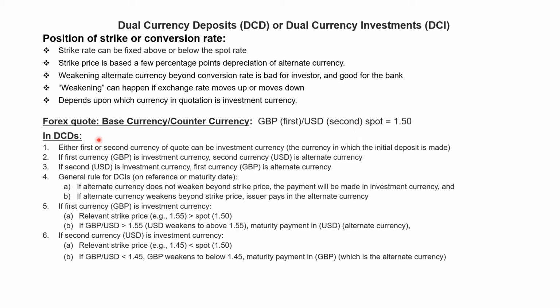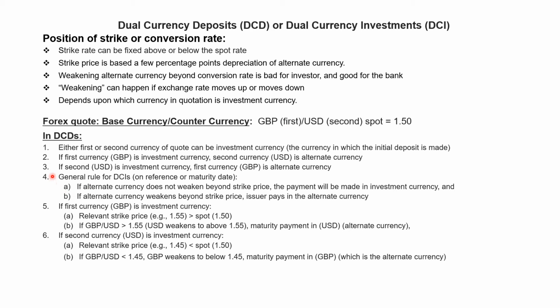In a dual currency investment, either the first or the second currency of a currency pair quote can be the investment currency, the currency in which the initial deposit is made. If the first currency, for example GBP, is the investment currency, the second currency, that is the USD, is the alternate currency. If the second currency, which is USD in our quote, is the investment currency, the first currency will be the alternate currency.